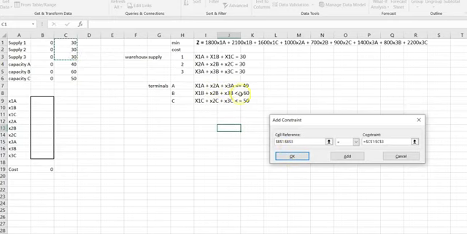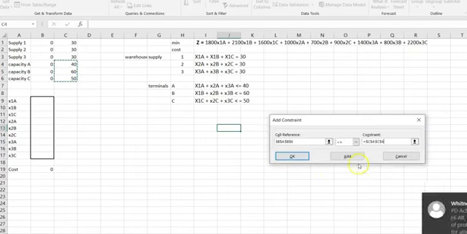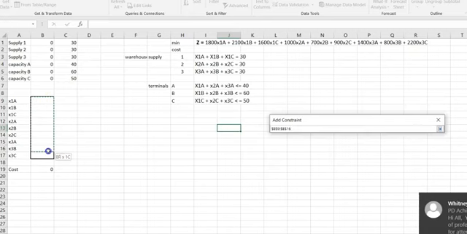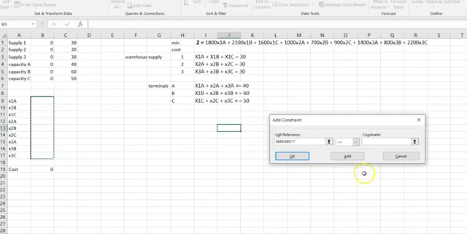The last ones are less than or equal to, so add B4, 5, 6 less than or equal to C4, 5, and 6. We need to add that the decision variables are greater than or equal to 0.